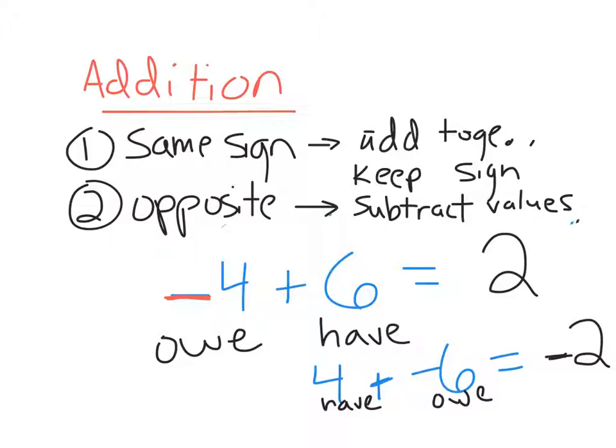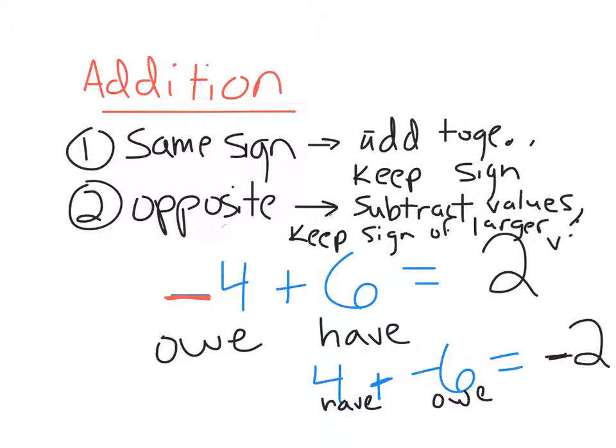So in both of these examples, I'm just saying the difference between 6 and 4 would be 2. So that's where the 2 came from in both of my answers. So we simply subtract their values, and as far as the sign of our answer, we're going to keep the sign of the larger value.